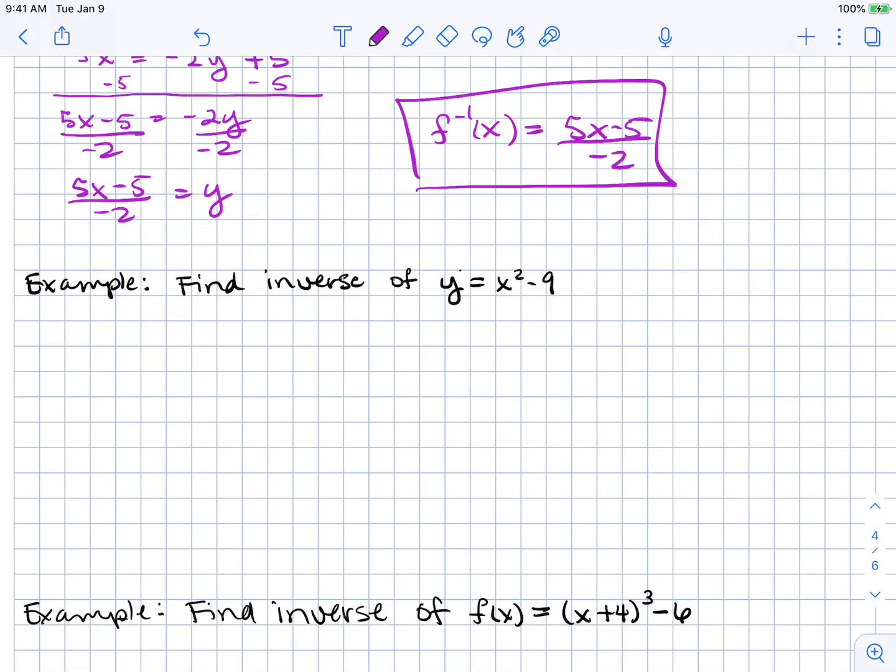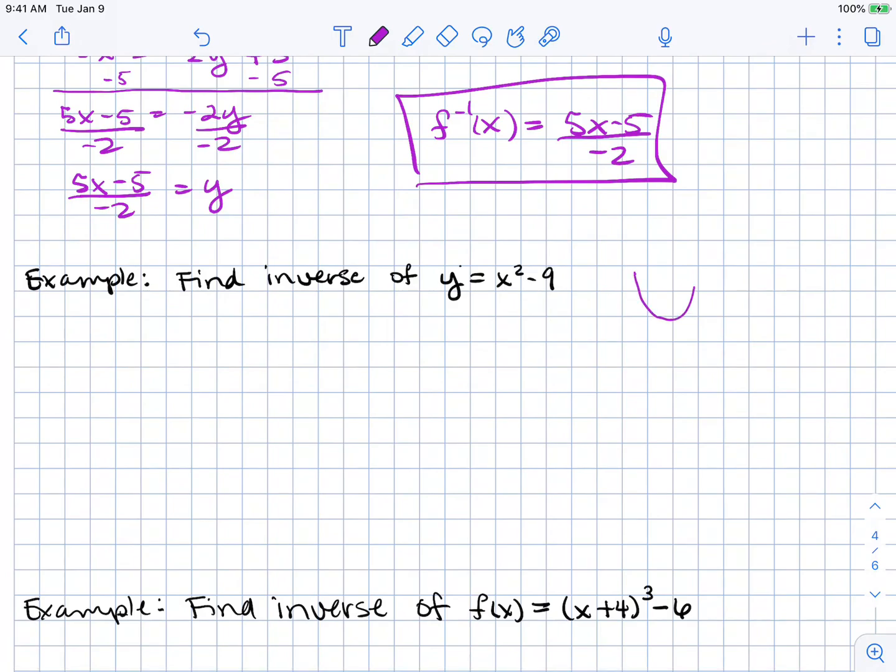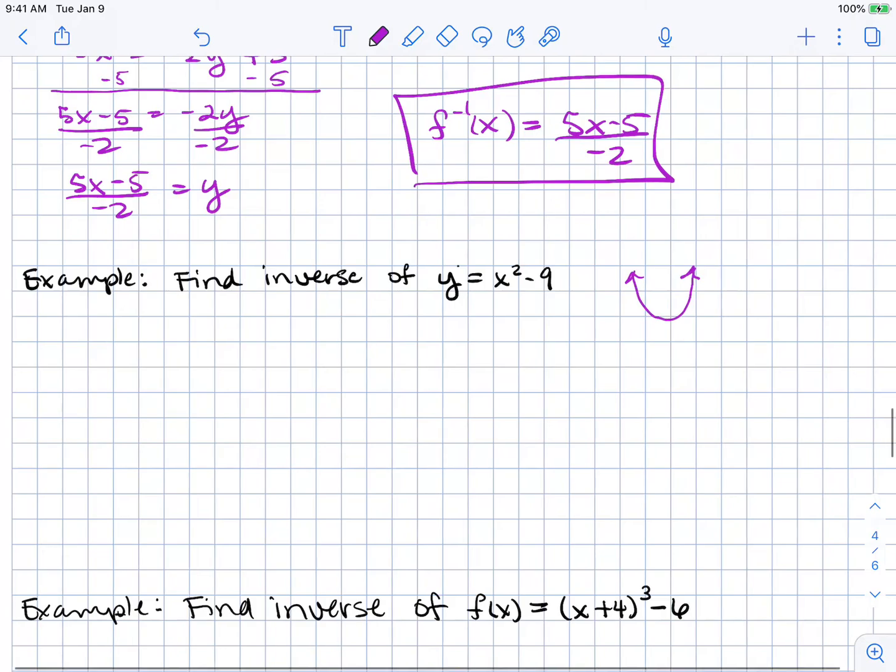When I'm finding the inverse of y equals x squared minus 9, I have to restrict the domain. When I have a U shape, I'm going to only talk about one side of this, so I'm really only going to talk about this side of it.